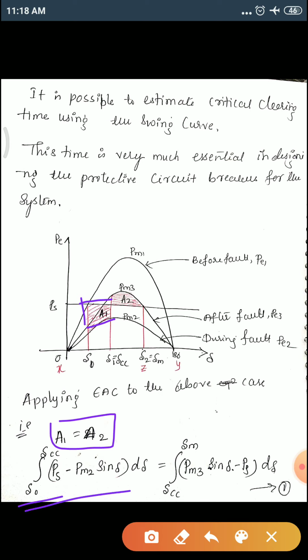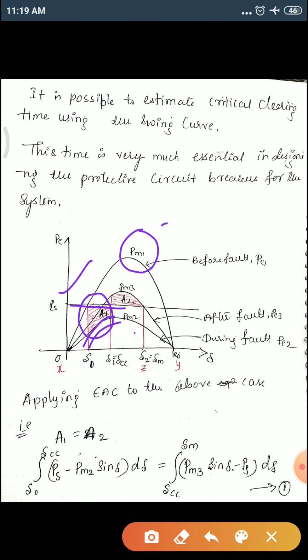A1 involves the maximum PS, and then the Pm2 related curve. Therefore A1 will be PS minus Pm2 sine delta, since Pm1 is Pm1 sine delta 1, Pm3 is Pm3 sine delta 3, and Pm2 is Pm2 sine delta 2.